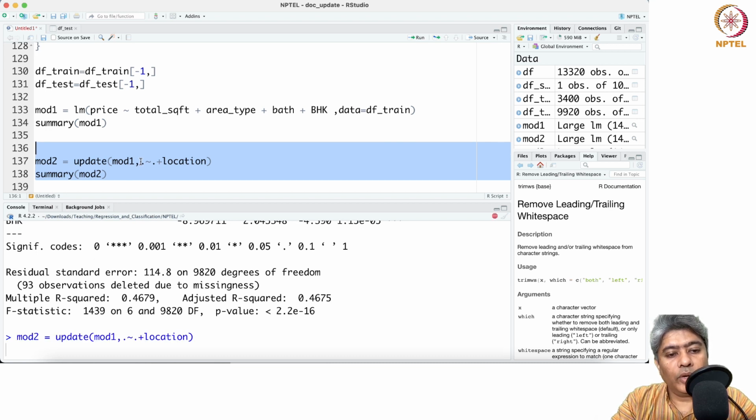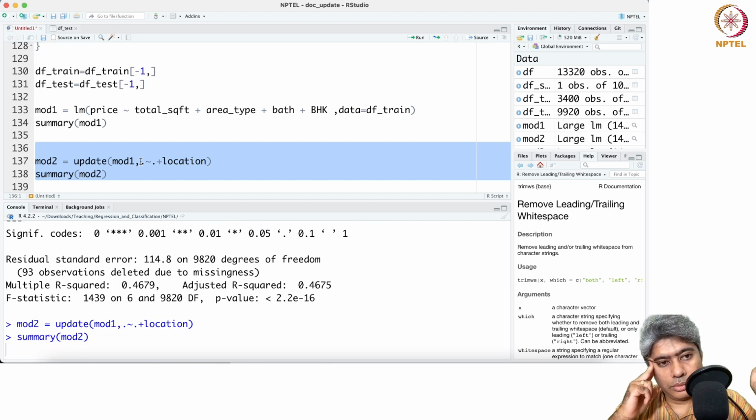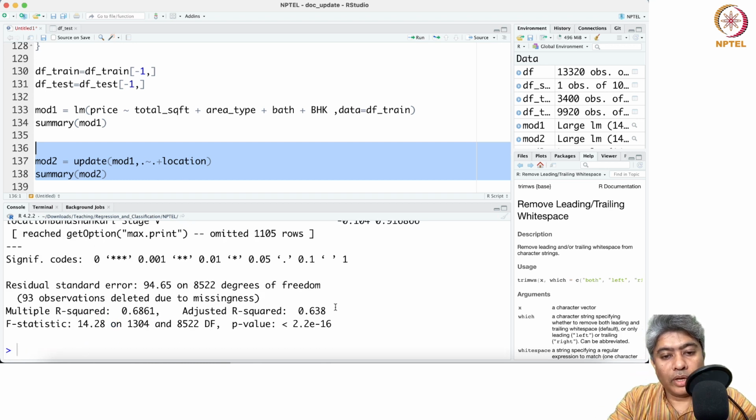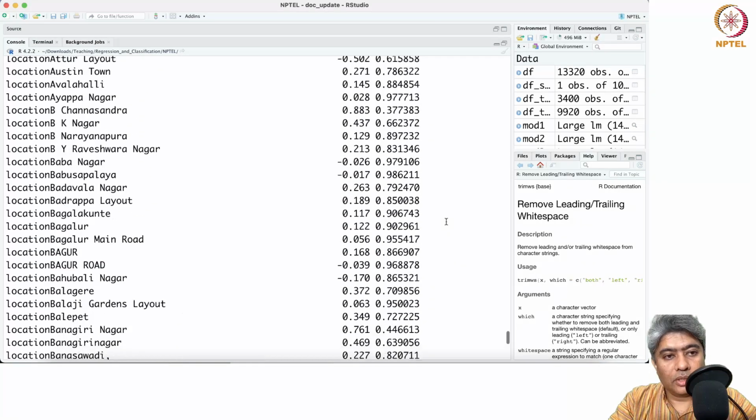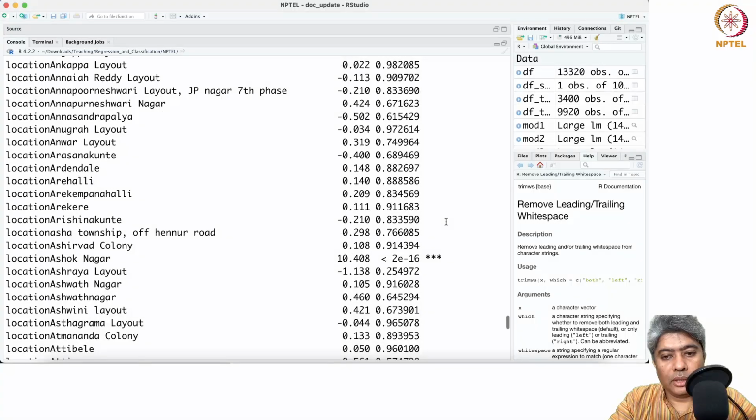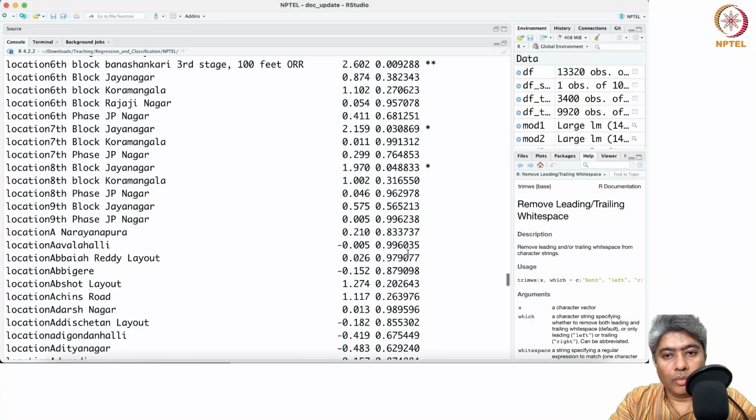It will take a little bit of time because it will create all the dummy variables. Now it has 63.8% accuracy, and Ashoknagar has a very high p-value.